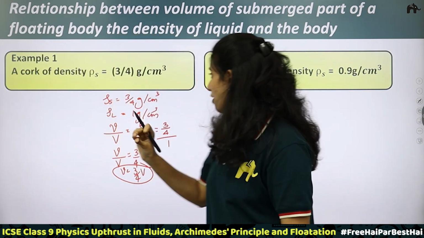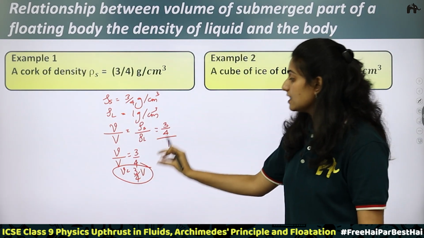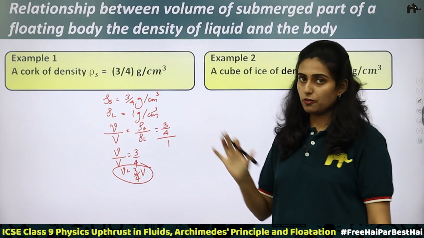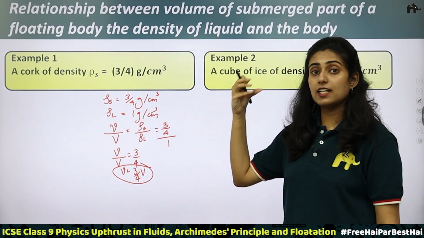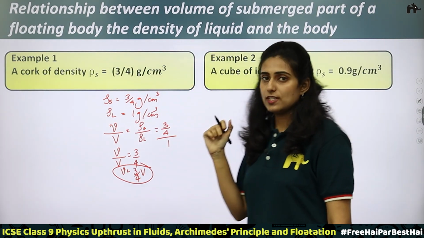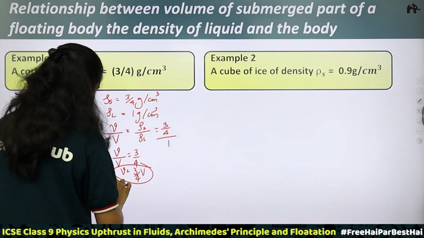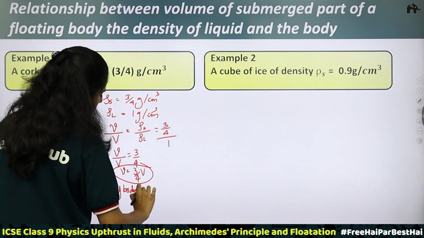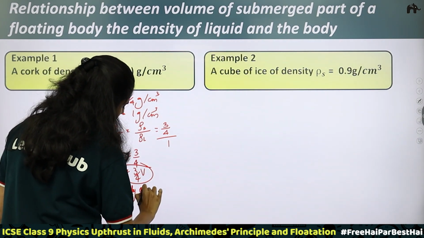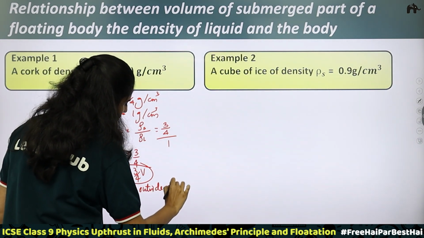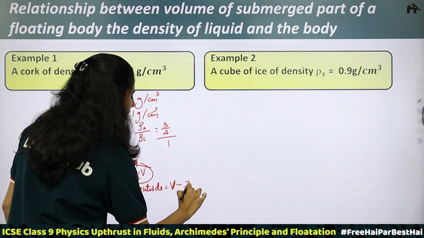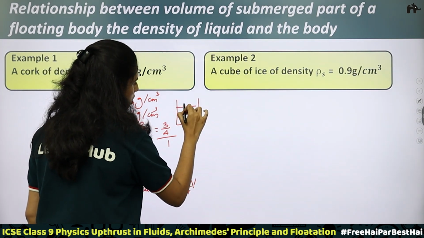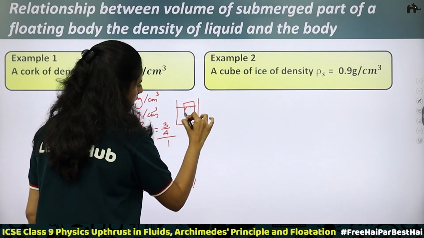What does it mean? That is the volume of the body that is immersed in the liquid will be 3 by 4th of the total volume of the body. Then what is the volume of body that is remaining, that is outside the liquid surface? How to find? So, the volume of body outside will be equal to total volume minus 3 by 4th of the volume. 3 by 4th of the volume is inside.